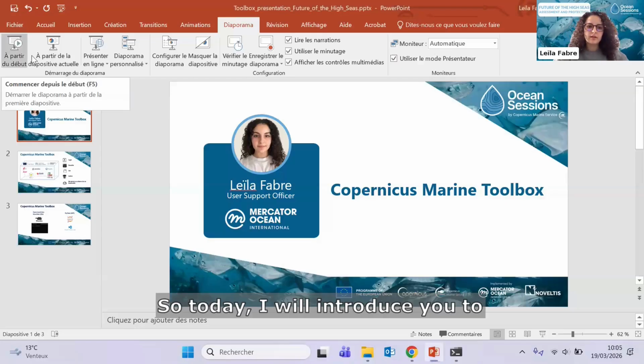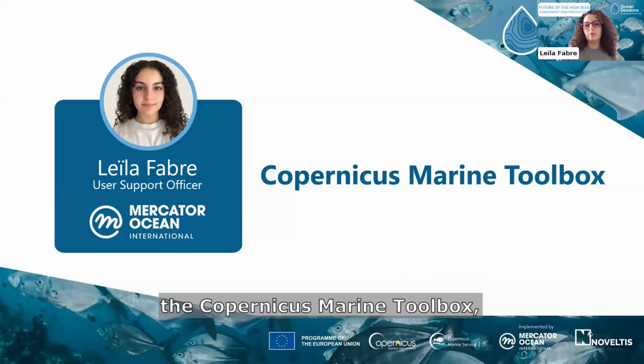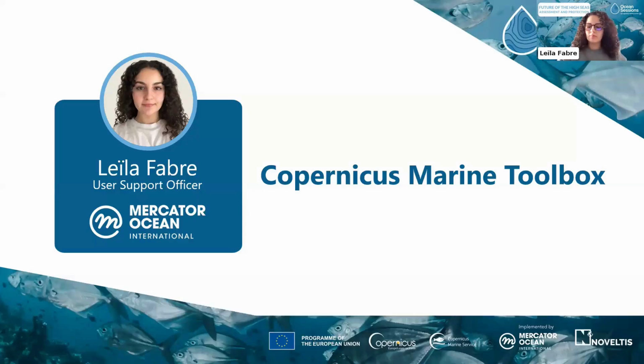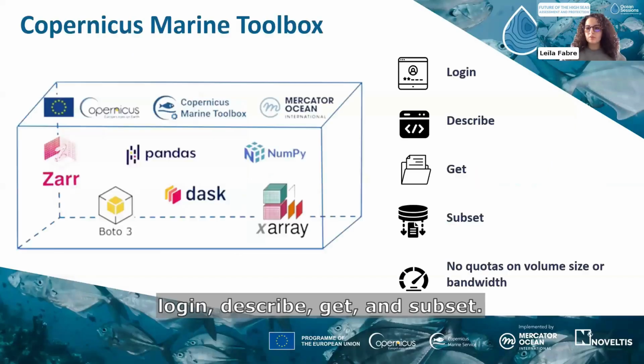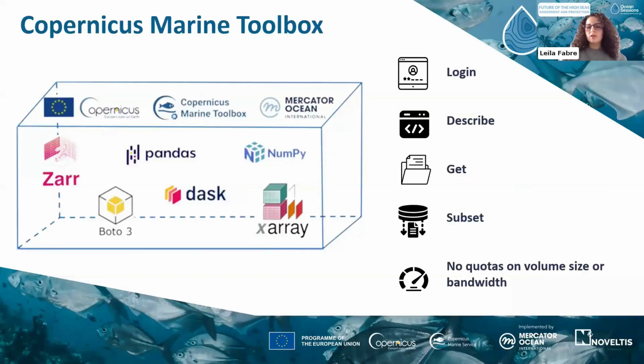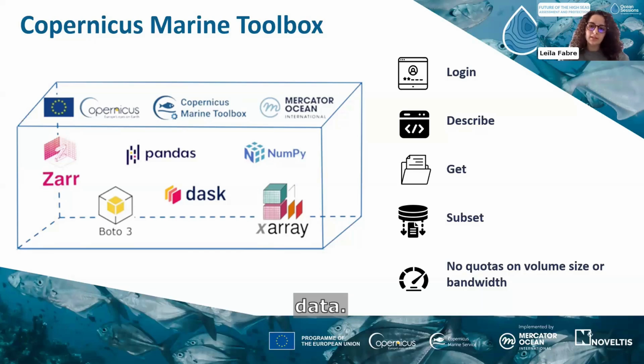So today, I will introduce you to the Copernicus Marine Toolbox, which is a free and user-friendly tool designed to interact with the Copernicus Marine data store. And this tool allows many possibilities with its 4 main functions: login, describe, get, and subset. With the login function, you can create an encrypted file that will contain your credentials, so that you won't have to write your username and your password each time you need to download data.